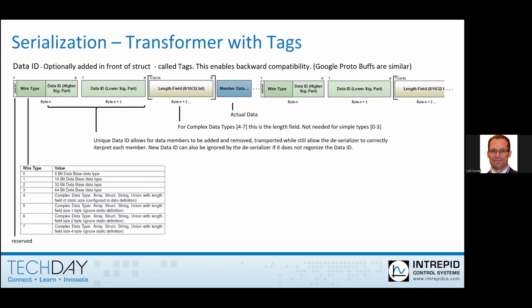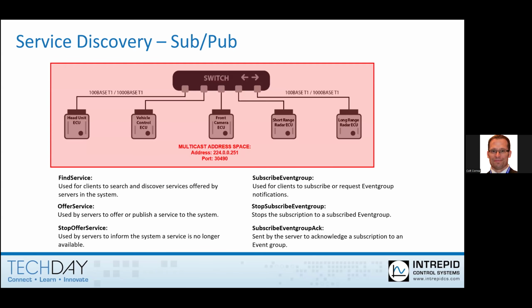Now, unfortunately, we're running out of time. I don't have time to go into all the details. I'll have to hurry up a little bit here. We'll go into service discovery. Service discovery is pretty simple. There's really just 6 different types of things that we can do with service discovery. Again, remember that we have a predefined multicast address space, so if you send into this address space, all of these ECUs will receive it.